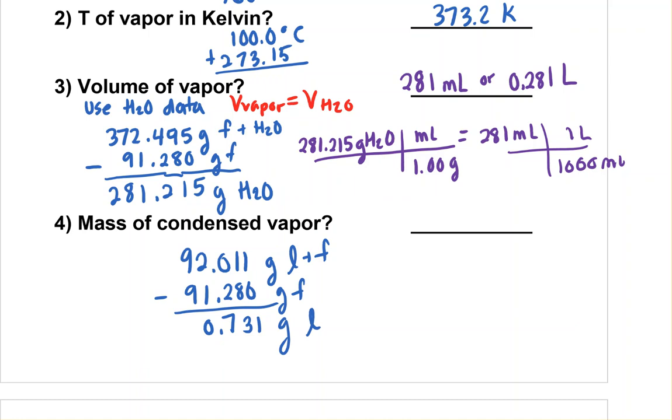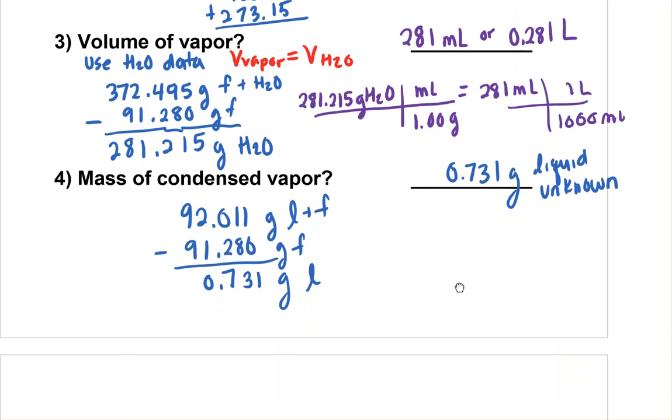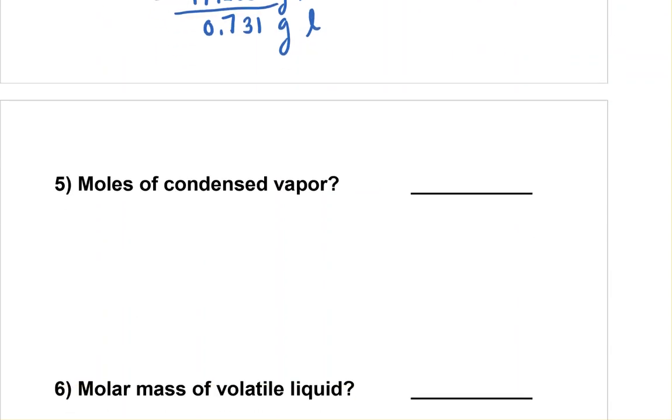Okay, and this mass should be about a half a gram to 1.5 grams, something like that.